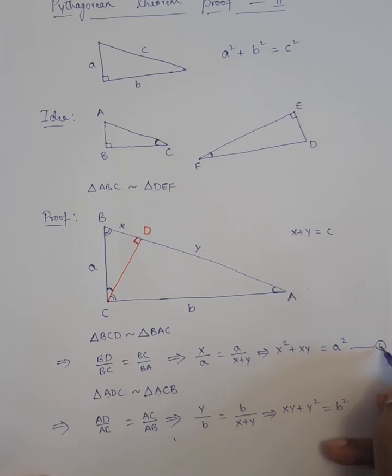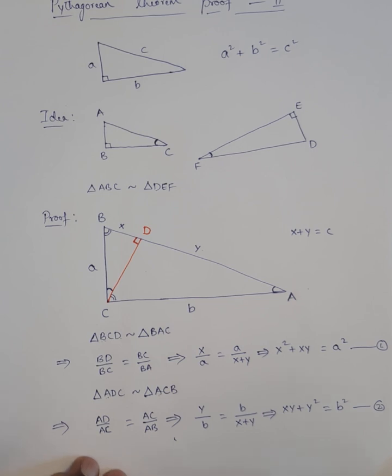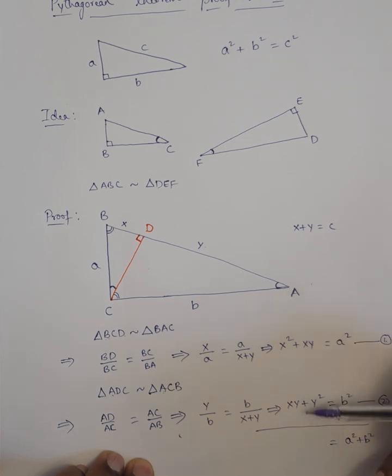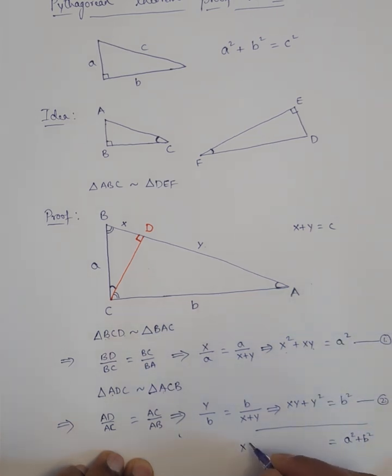Now, from those two equations, 1 and 2, if you simply add them, what you get is a square plus b square on the right. But on the left, notice you have x square plus xy. So let's go ahead and write it down first. x square plus xy plus xy plus y square is equal to a square plus b square.